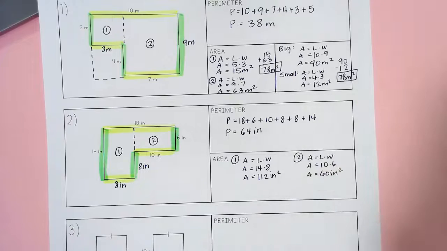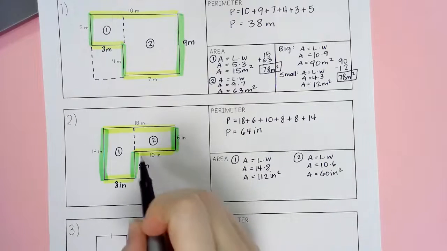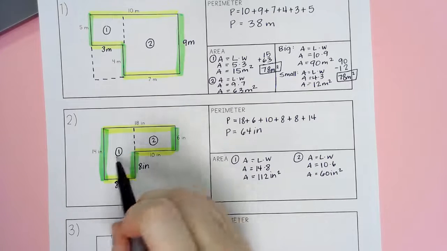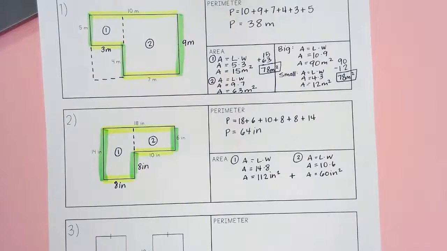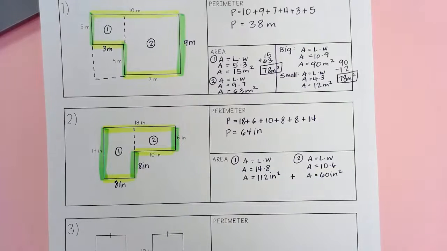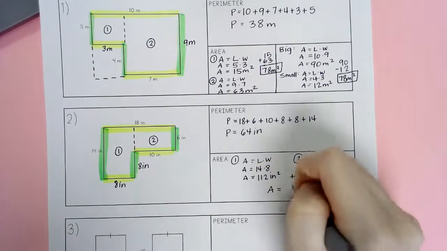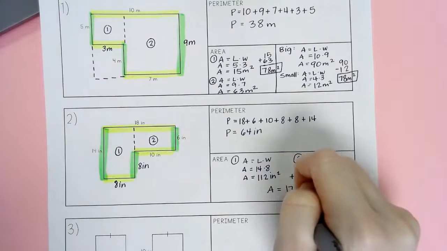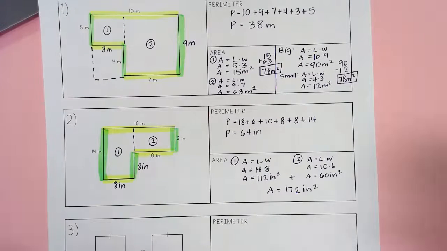Now since I didn't add on to the area at all, I just cut it in half, I'm going to be adding these two areas together. So I'm going to do 112 plus 60, and I get A is equal to 172 inches squared. And that would be my answer.